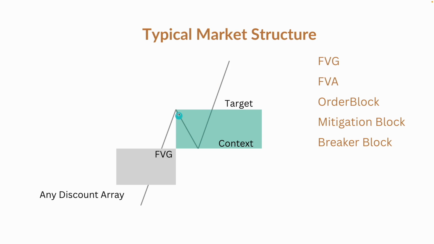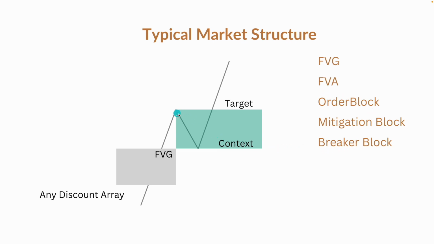So when it is coming into this fair value gap, this can be any discount or any premium. Right now we are in the bullish scenario, that's why we are having this discount. But in a bearish scenario, it could be any premium. It could be an FVG, an order block, mitigation block, or breaker block.